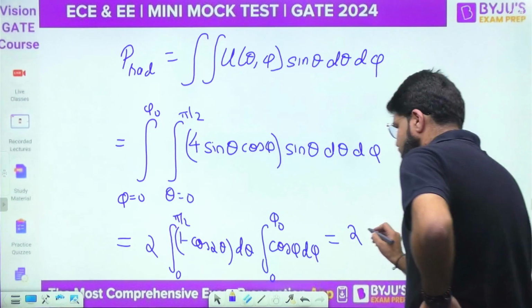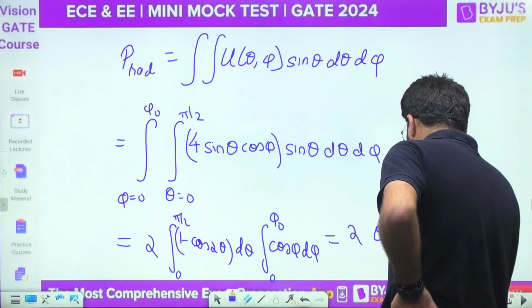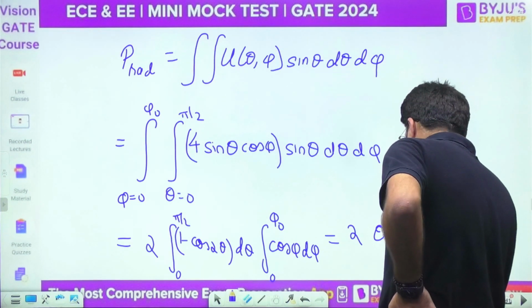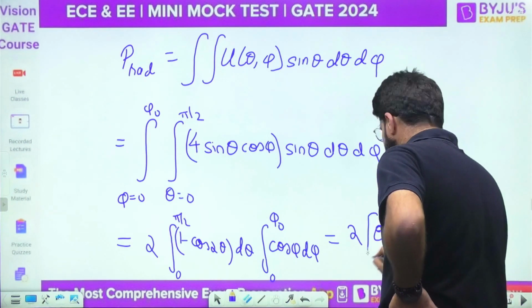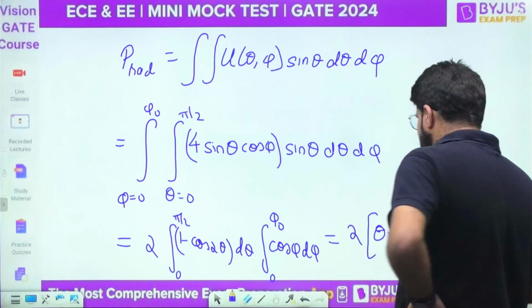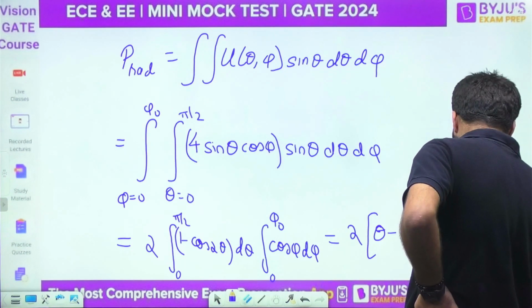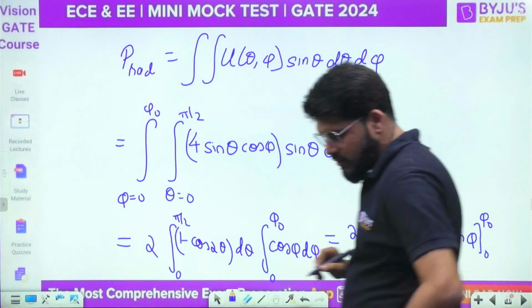Now the integral of 1 with theta, the integral of cos 2 theta is sin 2 theta divided by 2, from 0 to pi by 2. And the integral of cos phi is sin phi, from 0 to phi naught.